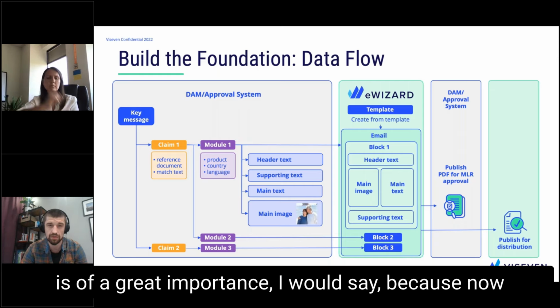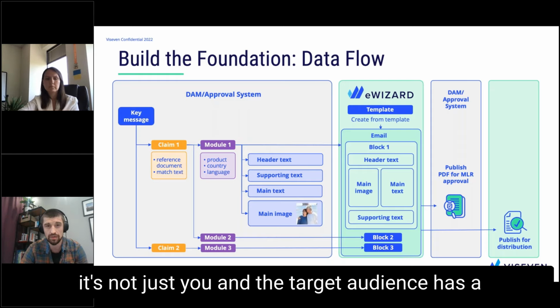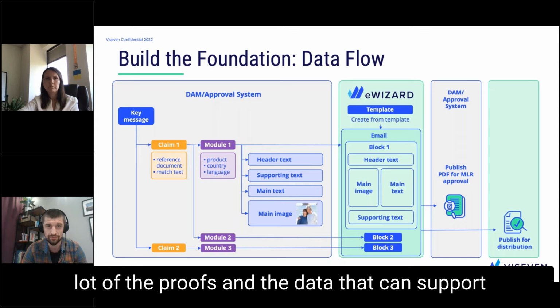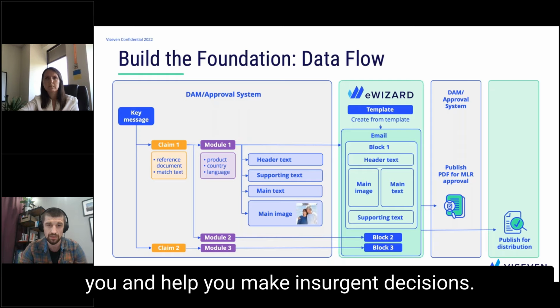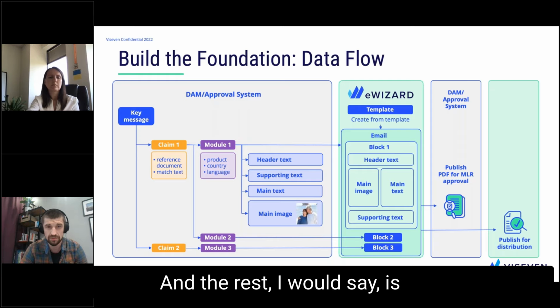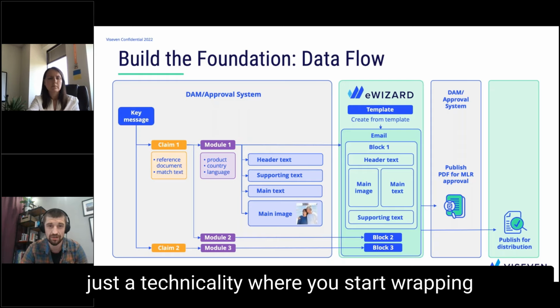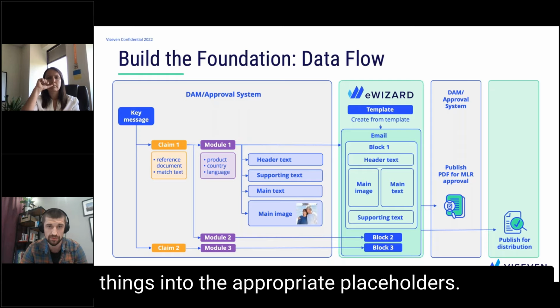And this is of a great importance, I would say, because now it's not just you and the target audience, it is a lot of the proofs and the data that can support you and help you making certain decisions. And the rest, I would say, is just a technicality where you start wrapping things into the appropriate placeholders.